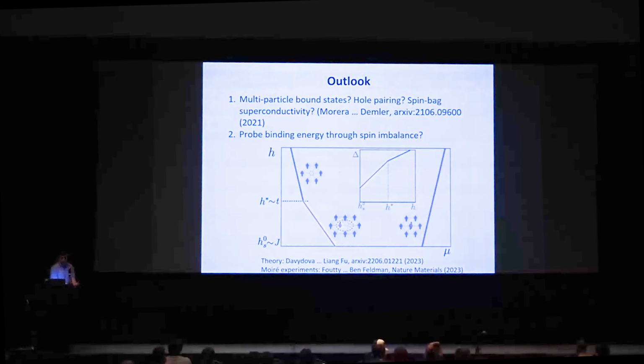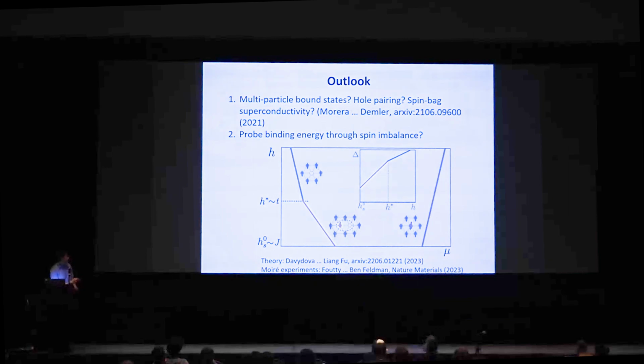As an outlook, this is really the beginning of the story. We're starting to understand the microscopics of this kinetic magnetism, this new form of magnetism that has been discovered in the moiré materials. There are more complex types of polarons that appear in these systems.